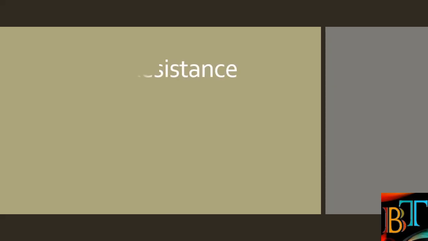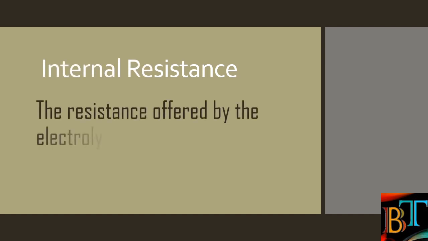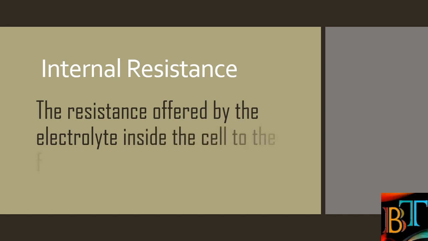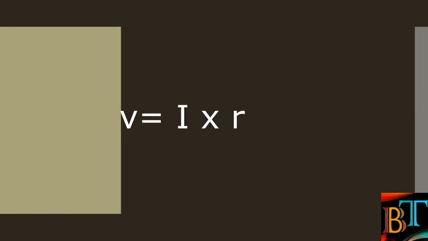The resistance offered by the electrolyte inside the cell to the flow of current is called internal resistance of the cell. It is due to the internal resistance that the voltage drops on flowing the current. Therefore, voltage drop is equal to current into internal resistance, or V is equal to I into r, where the small r represents internal resistance.